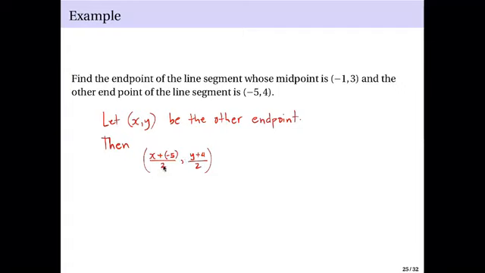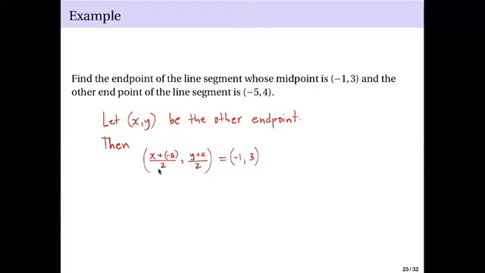But we know that the midpoint is negative 1, 3. So meaning this x coordinate must be equal to negative 1. And this y coordinate must be equal to positive 3. Okay?